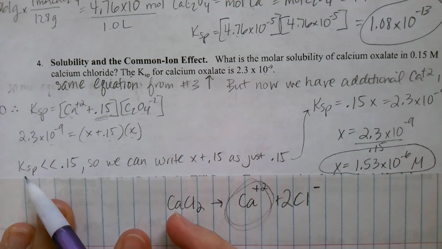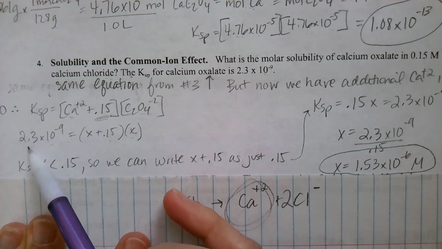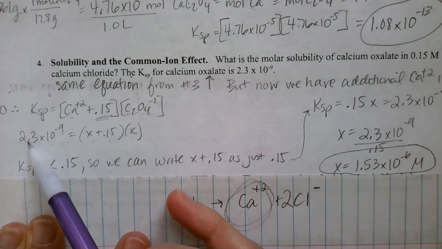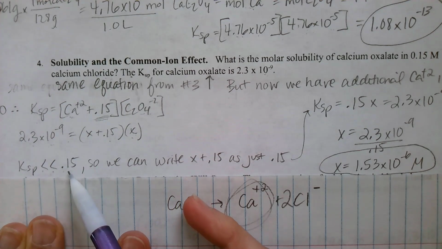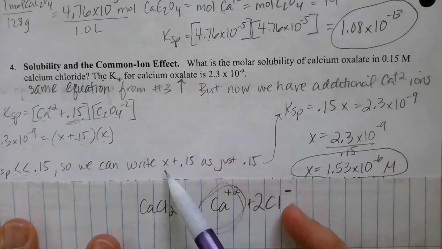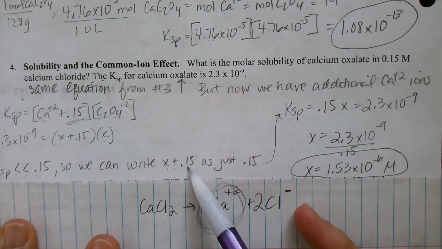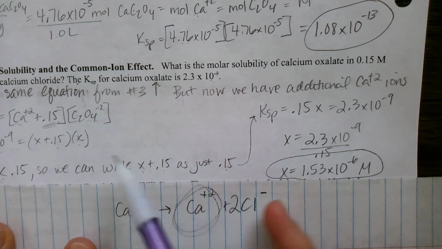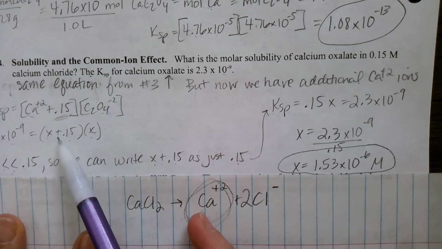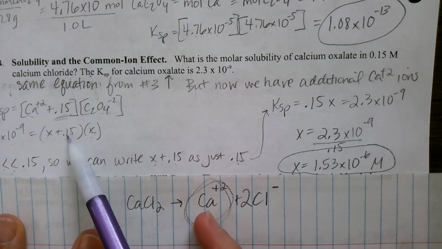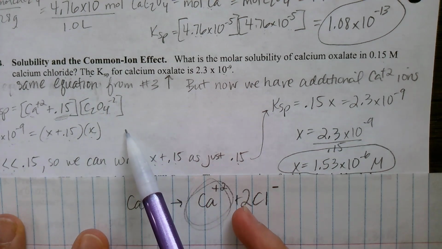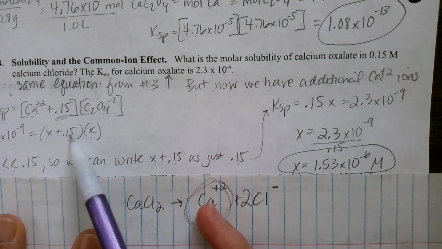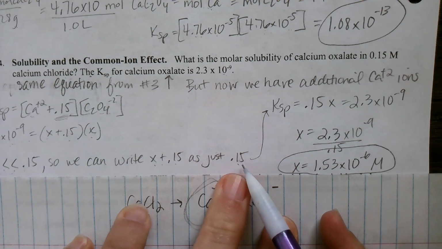Now, KSP, that solubility constant, this 2.3 times 10 to the negative 9 is a very small number. It is a lot smaller than 0.15. So we can rewrite X plus 0.15 as just 0.15, because a teeny number plus 0.15 is going to be 0.15 with 7 zeros after it and then a 2, 3. That is such a small number, we're just going to write it as 0.15.